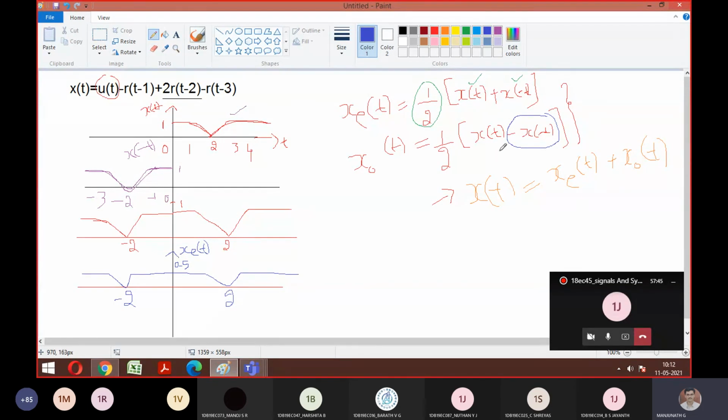If you're good at subtraction, then you can subtract x of minus t from x of t. So what will happen to my graph if I do subtraction directly? It is 0 minus this, so it means it is -1. So the amplitude will shift downwards now.